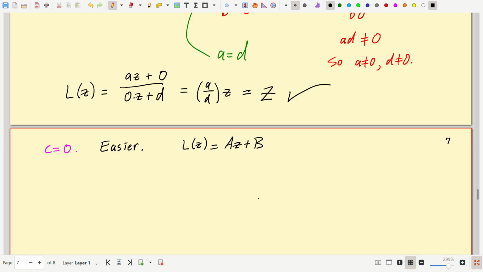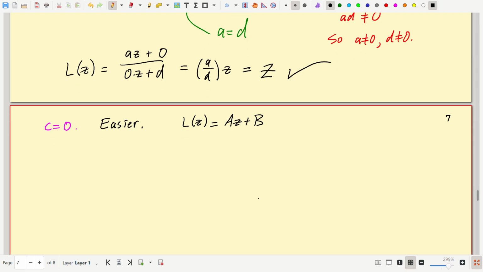Let's see. Kind of running out of time today. Well, an exciting consequence. A corollary is if 2 linear fractional transformations agree at 3 points, if L1 equals L2 at 3 points that are different, that implies L1 is equal to L2.